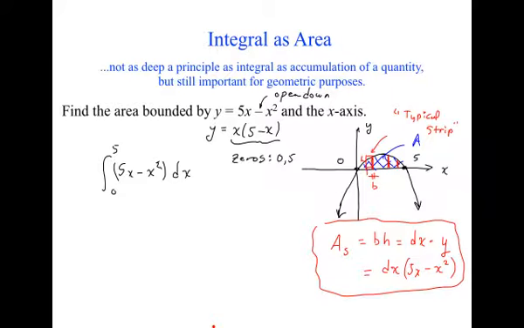We want to focus on one particular element and get what it is we want: a little bit of volume, a little bit of area, a little bit of work, a little bit of force, a little bit of pressure. Then get that typical amount, think about all the ones adding together, and then set up the integral.